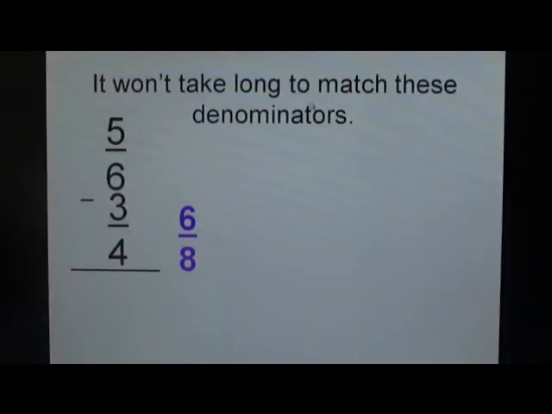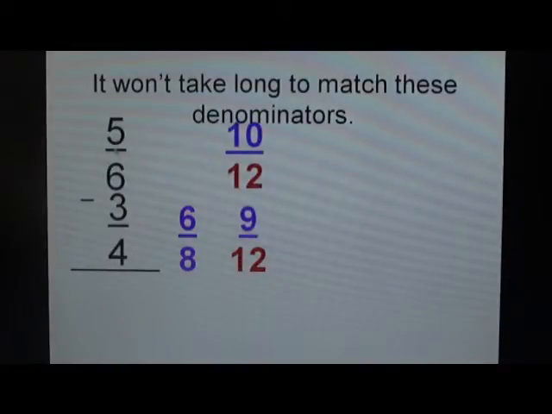Okay, 3/4 changes to 6/8, but we don't get a match. But we do get a match as soon as we change this one to the next equivalent fraction and the third one in this series. Here we match the 12ths. So now all we have to do is subtract the numerators and name it as 12ths. Answer would be 1/12.